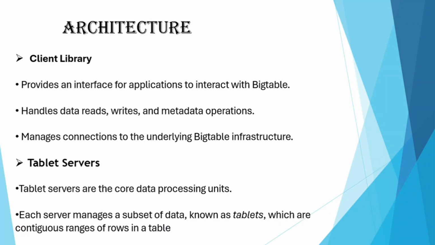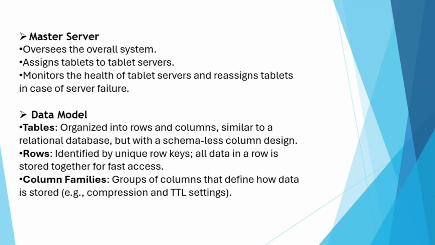Tablet servers are the core data processing unit. Each server manages a subset of data known as tablets, which are contiguous ranges of rows in a table. Master server oversees the overall system, assigns tablets to tablet servers, monitors the health of tablet servers, and reassigns tablets in case of server failure.